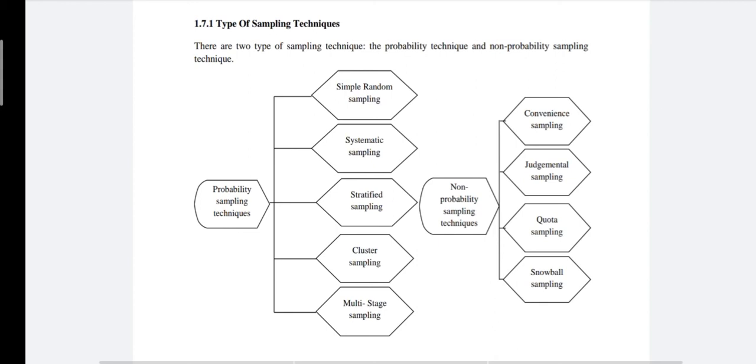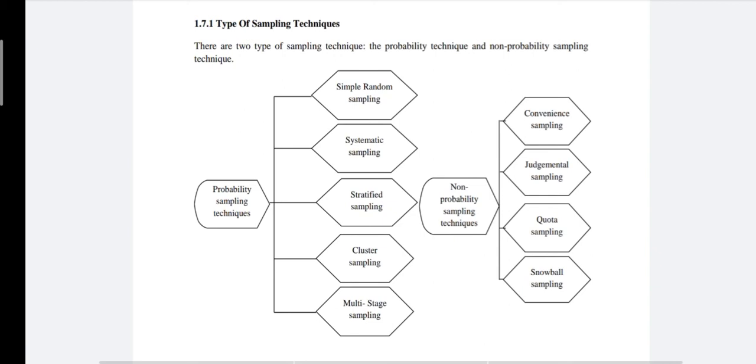All of this actually you will face again in subject sampling technique. Ada satu subjek yang khusus untuk sampling teknik, ada dinamakan sampling method.